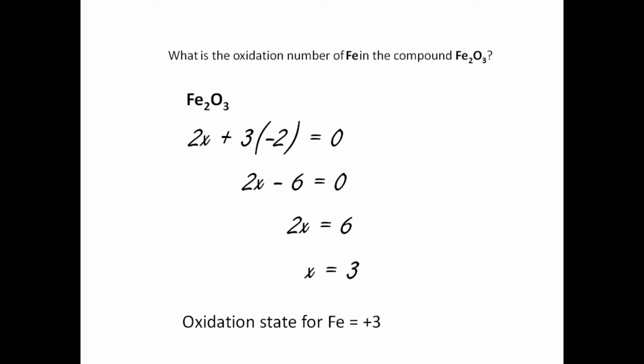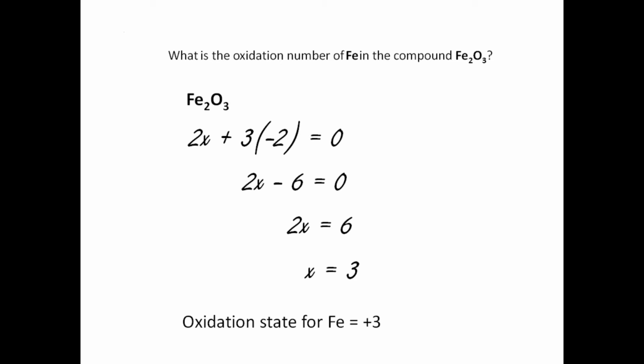There are 2 irons, with a subscript 2, so it's 2X, plus oxygen always has a -2 oxidation number, and there are 3 oxygens, so 3 times -2, equal to 0 because there isn't any charge on this compound.